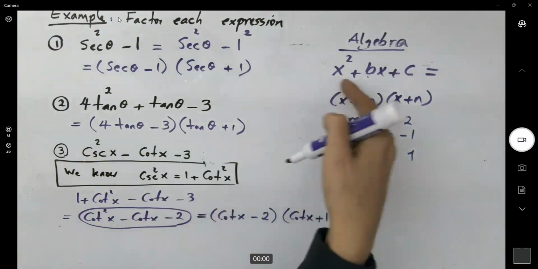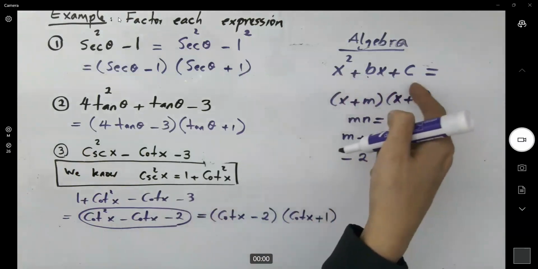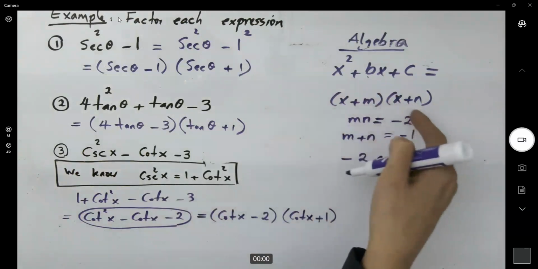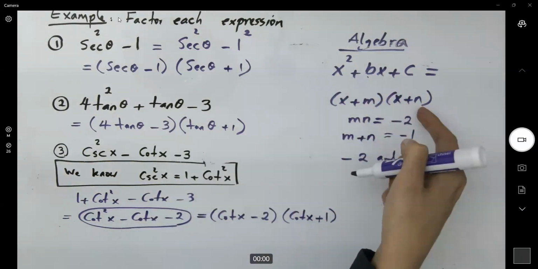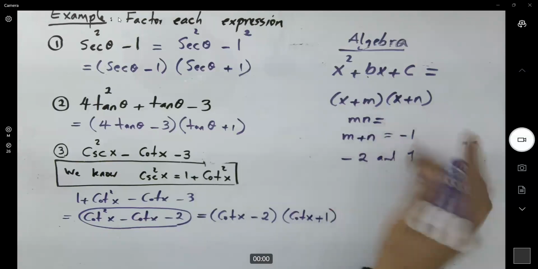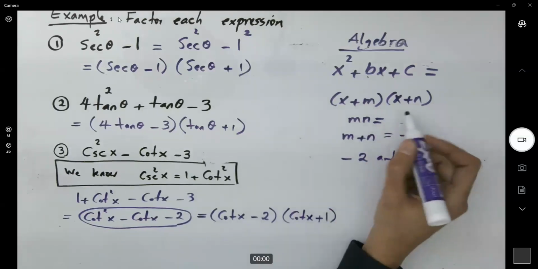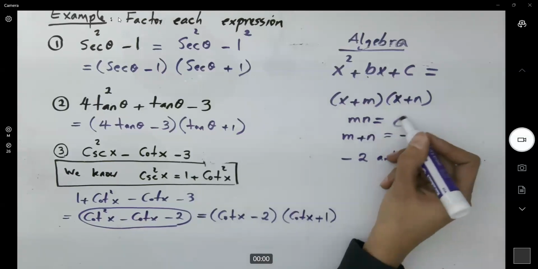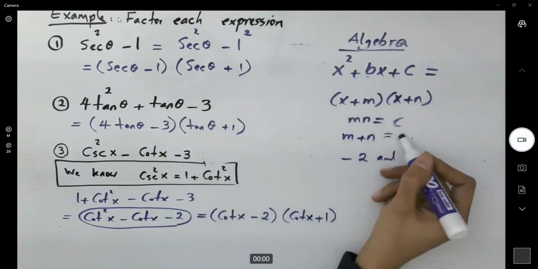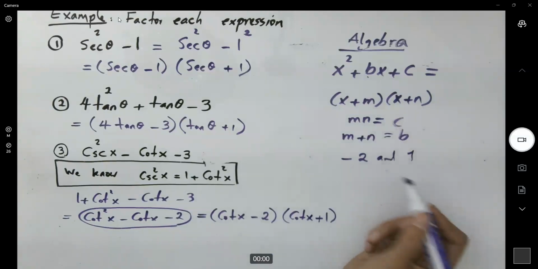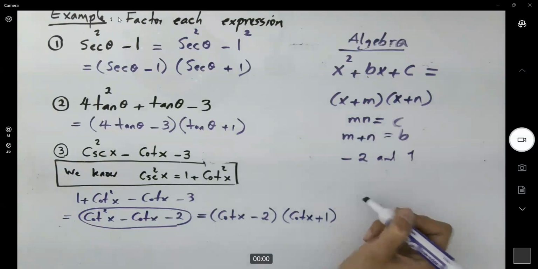From algebra, if you have x squared plus bx plus c, you can write it in factored form, but you're looking for two numbers. Their multiplication is equal to c, and their sum is equal to b. By doing basic algebra, you can find m and n as -2 and +1.